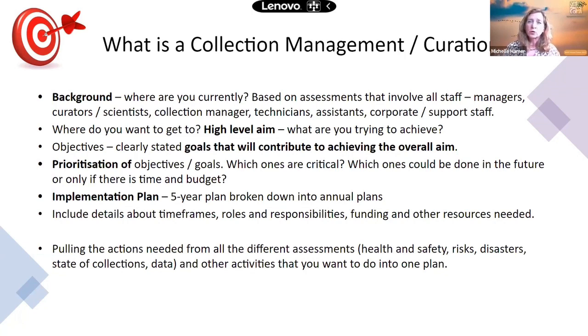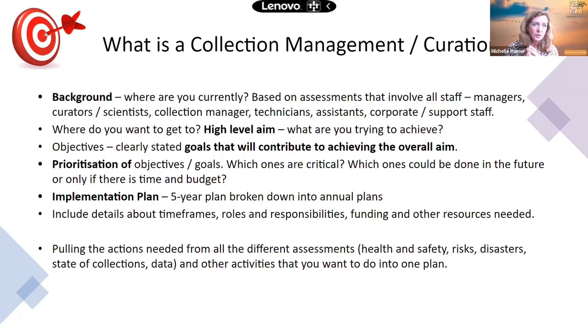So basically what your plan is, it's pulling all the actions that you highlighted in the different assessments that you've done. So we gave a template for how to do a health and safety assessment for staff working in collections, and there were ways of identifying mitigation. There's a risk assessment for the collections and mitigation and all kinds of actions to mitigate the major risks. Disaster management planning. You need to look at the collections.